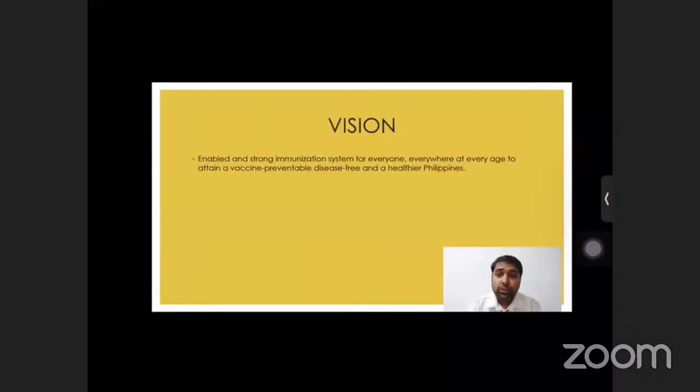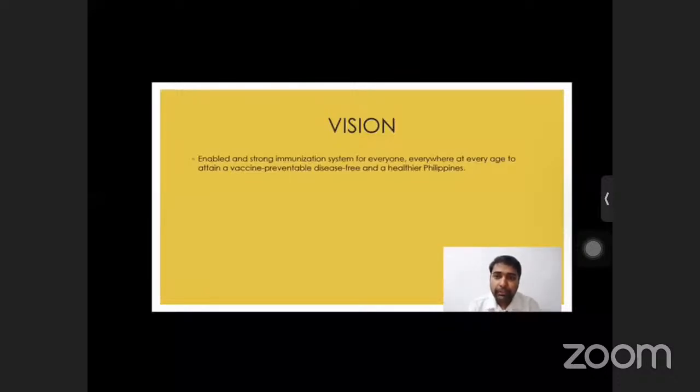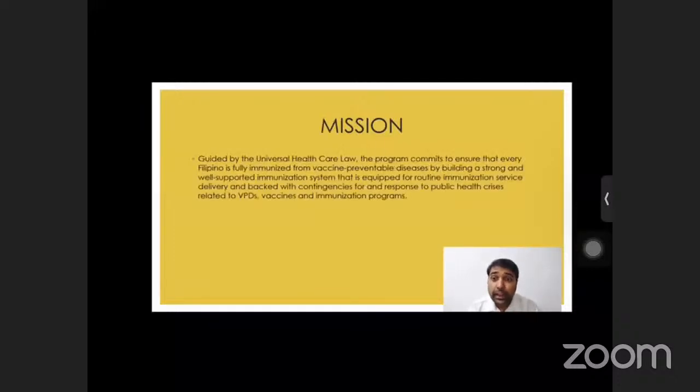Vision. The vision is to enable a strong immunization system for everyone, everywhere, at every age to attain a vaccine-preventable-disease-free and a healthier Philippines. The mission.